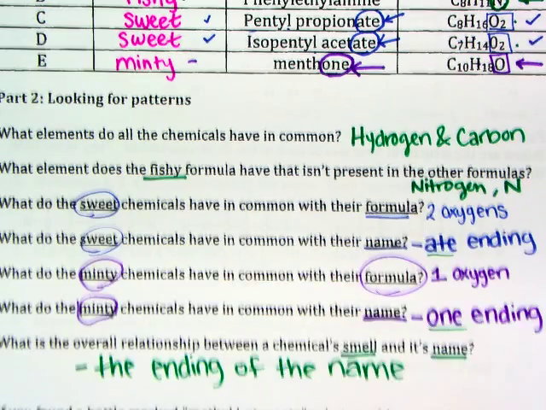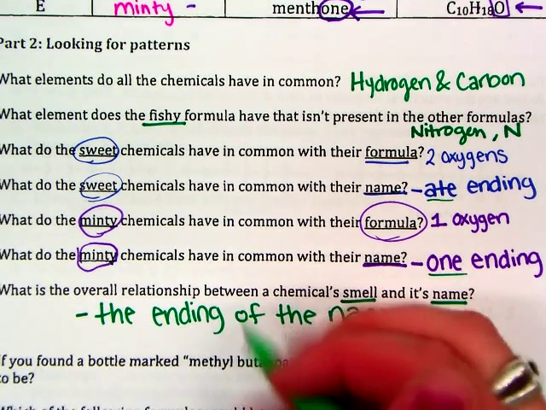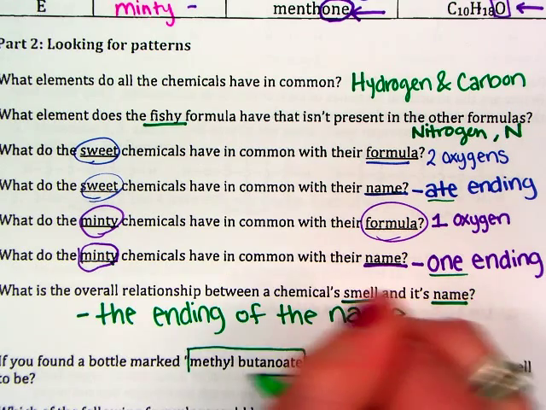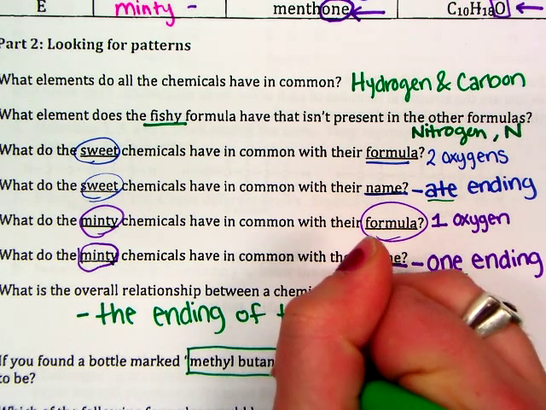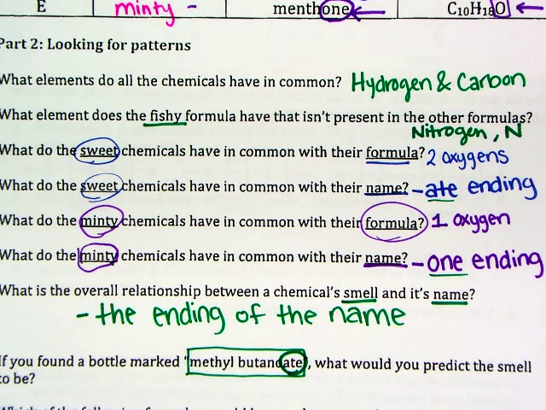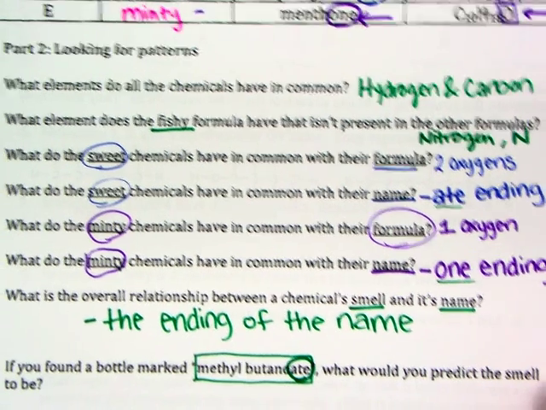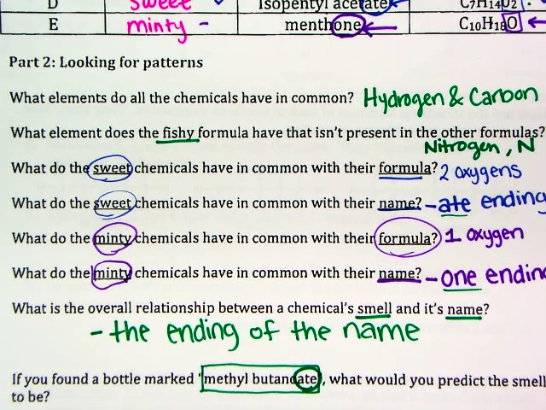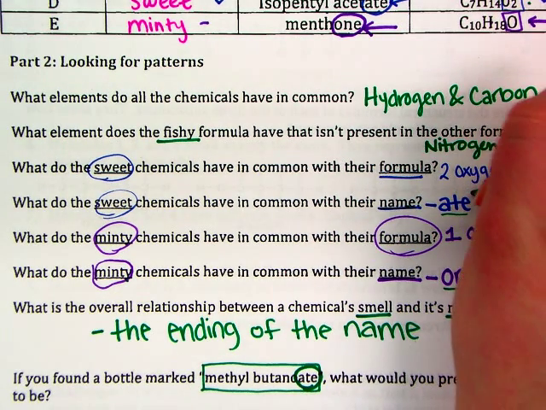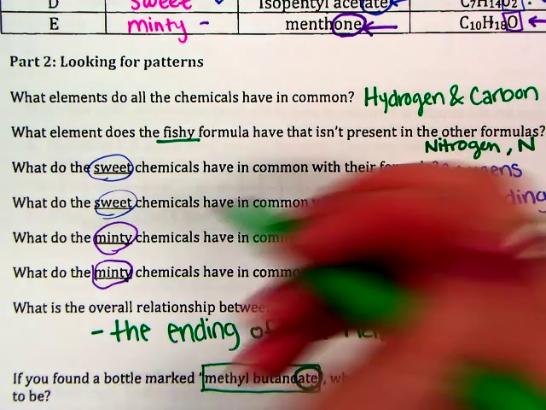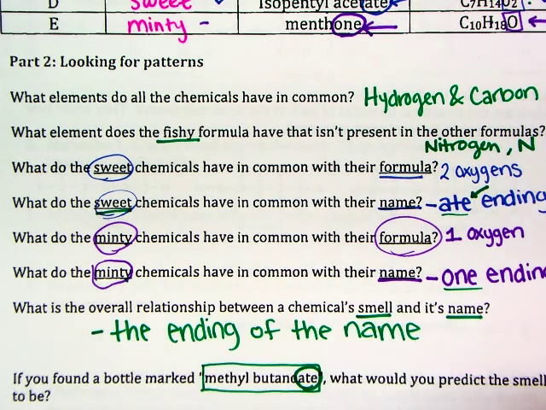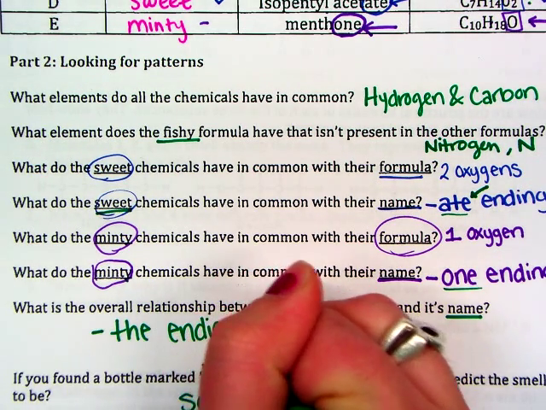If I found a bottle marked methylbutanoate, looking at the ending, it ends in ate. And what smell ends in ate? We have ate here. So this chemical must smell sweet, because sweet chemicals end in ate.